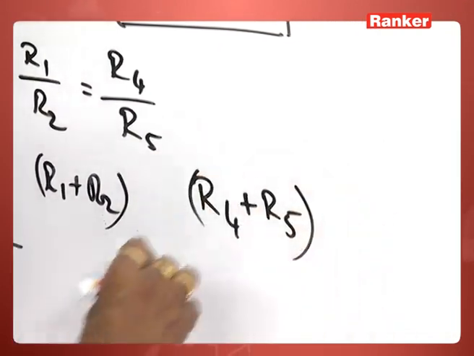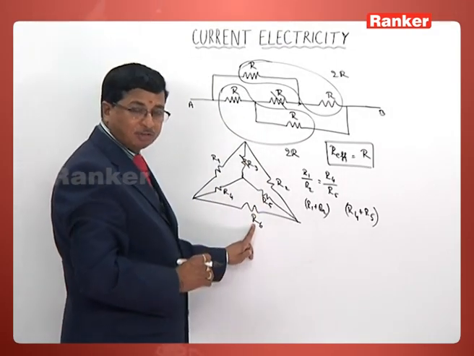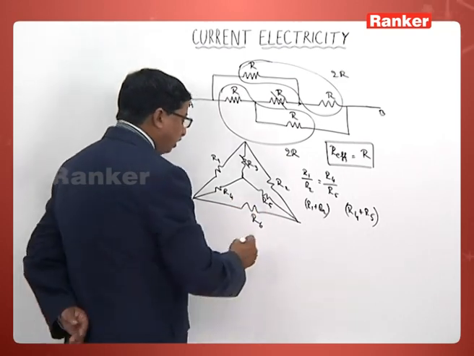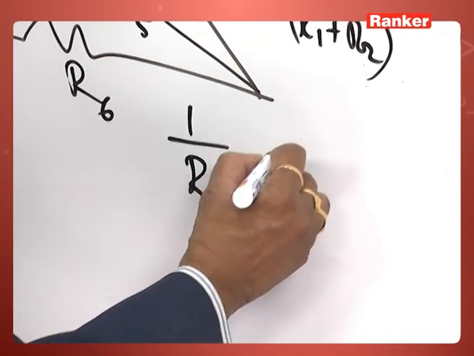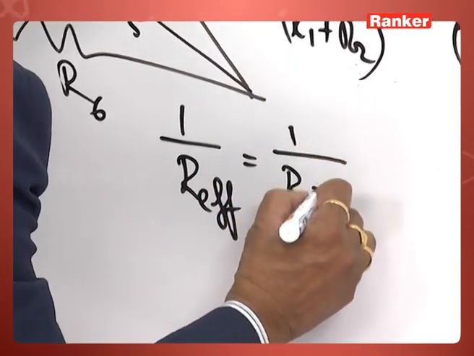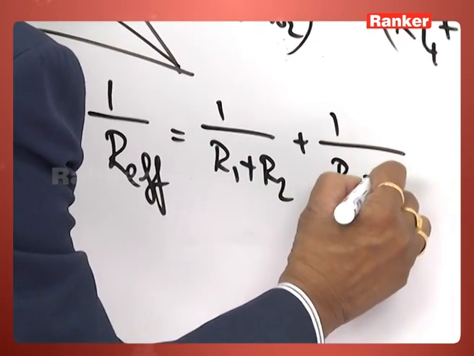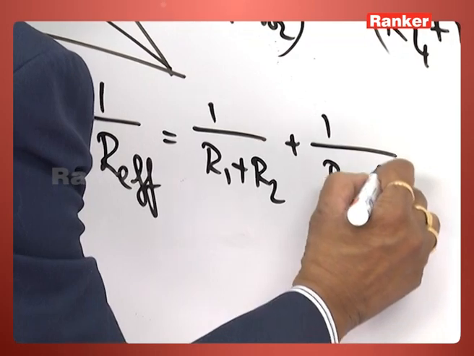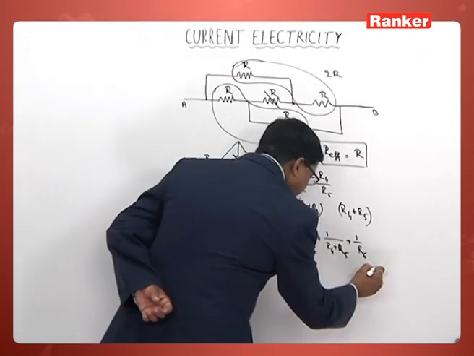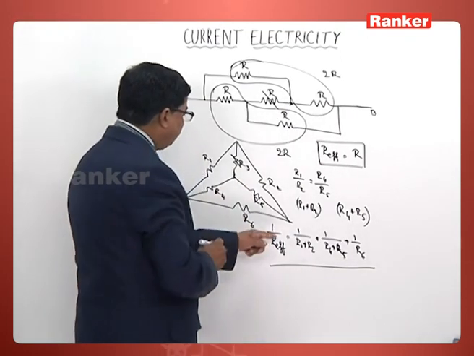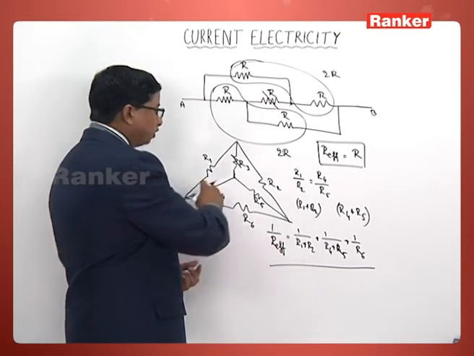Now when both are in parallel and parallel to R6, how do we write that formula? 1 by effective resistance is equal to 1 by (R1 plus R2) plus 1 by (R4 plus R5) plus 1 by R6. This is the way we used to take up the effective resistance in that circuit.